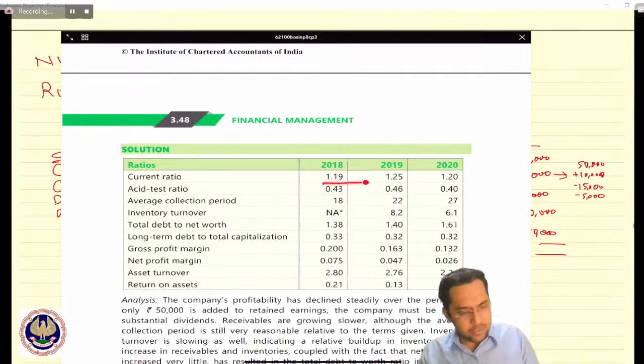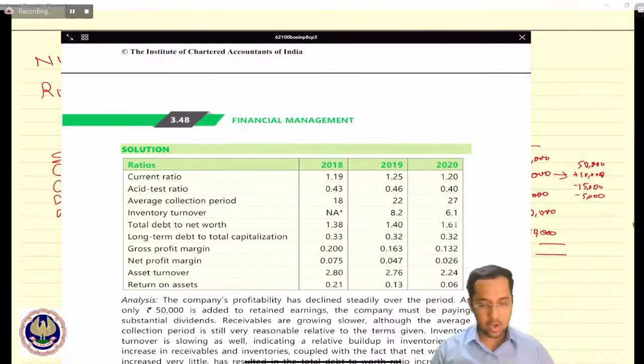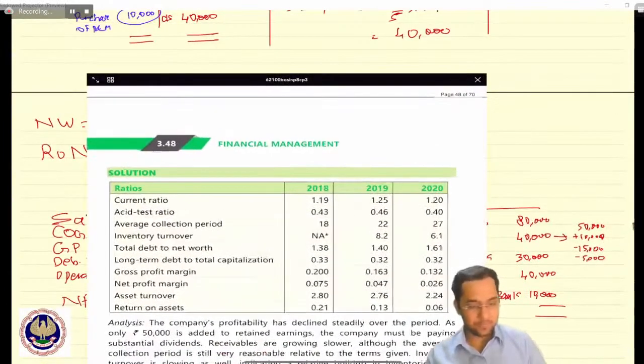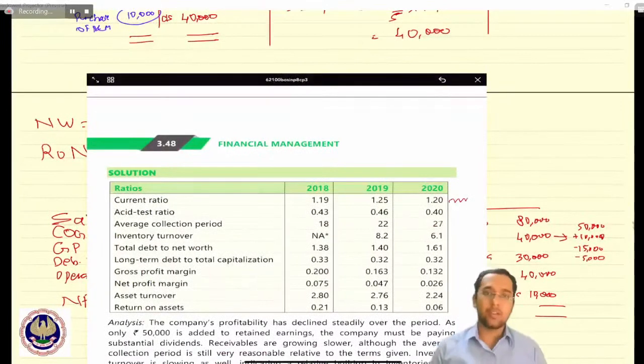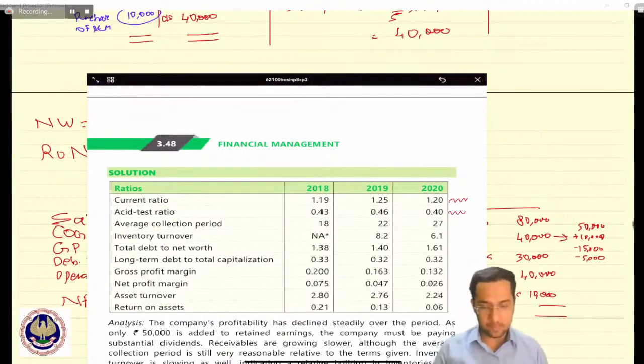If I ask you what is the pattern, we'll just try to put up a pattern over here. Current ratio, initially it is 1.19, then it has become 1.25, then it has become 1.2. So there is no specific pattern in it. It's changing. Asset test ratio, again, it is changing. There isn't any pattern being identified.